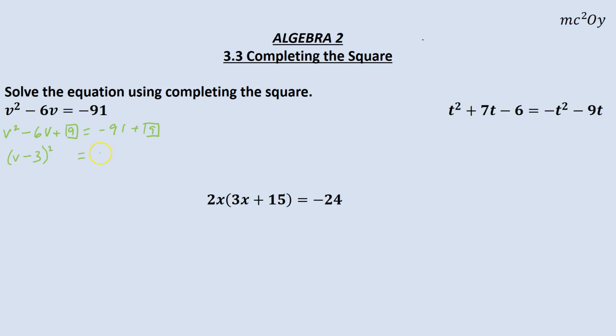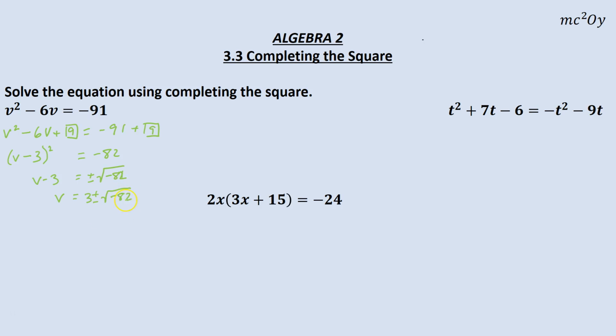Negative 91 plus 9 is negative 82. I then can take the square root of both sides, plus or minus the root of negative 82, and then add 3, so v is equal to 3 plus or minus the root of negative 82.